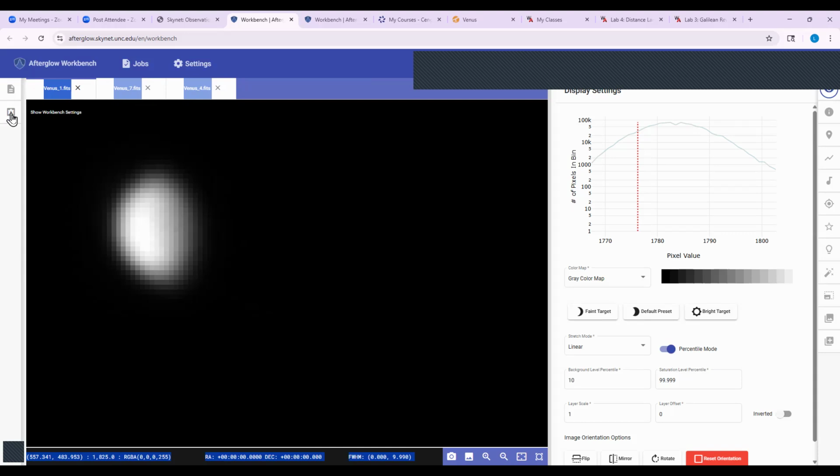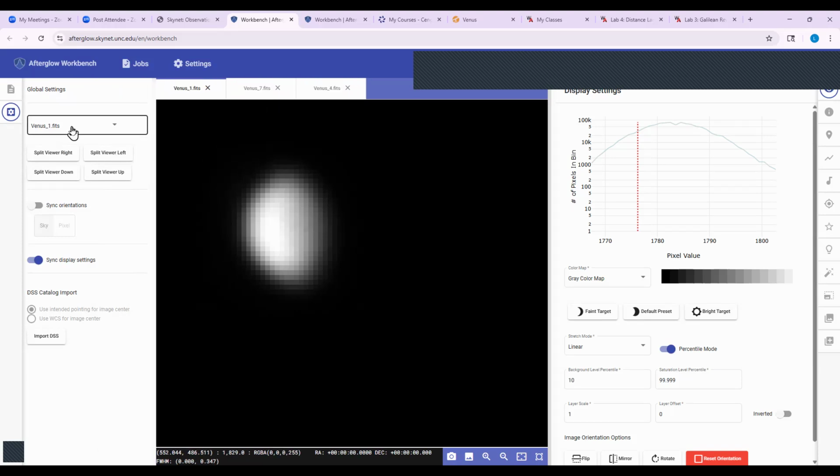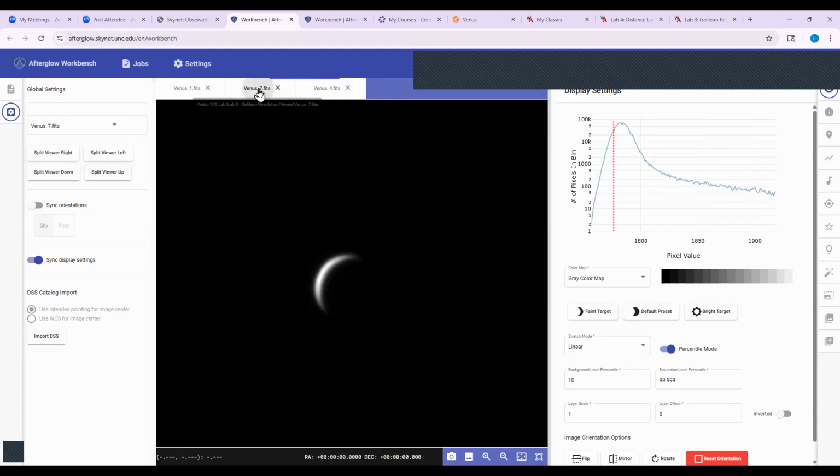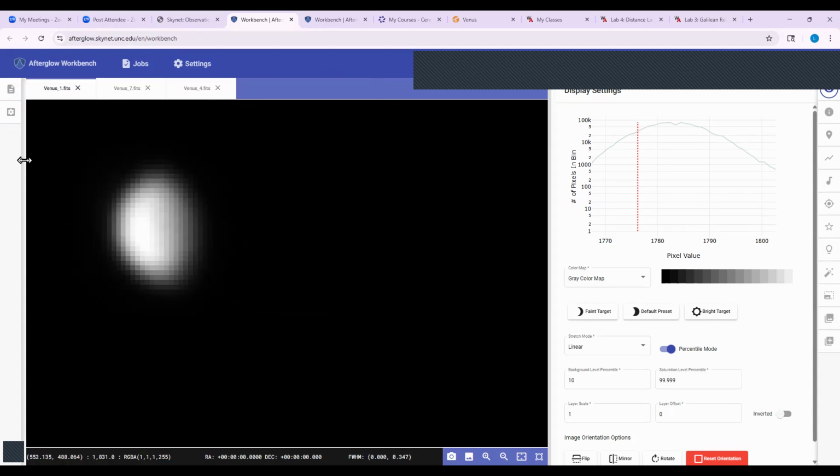It means that when you synchronize the setting, it's going to be considered on all of the pictures together. For example, right now you're seeing Venus 1. If you go to Venus 7 and Venus 4, you're also going to see the same thing. And that's the kind of measurement that you need.